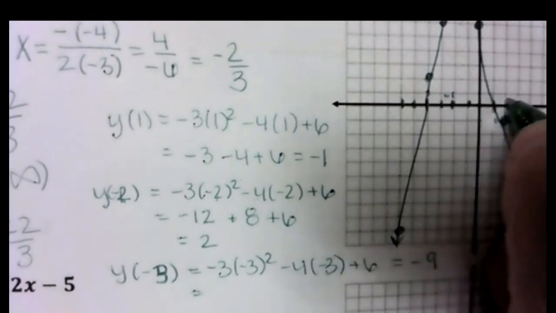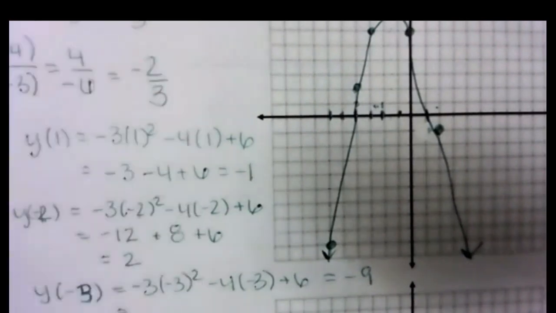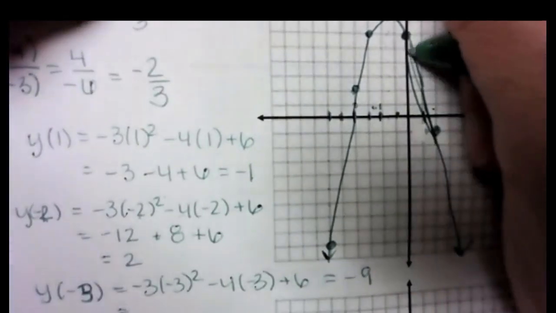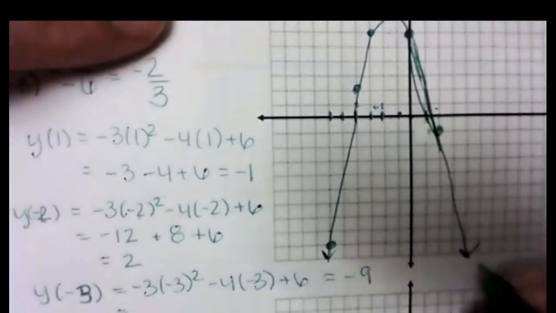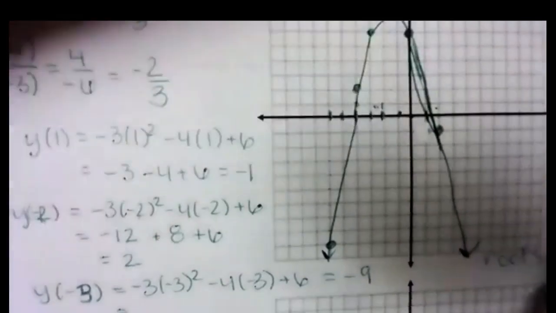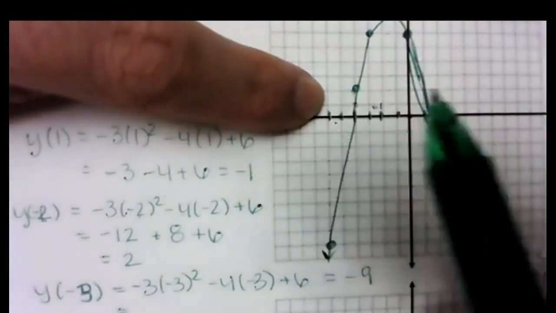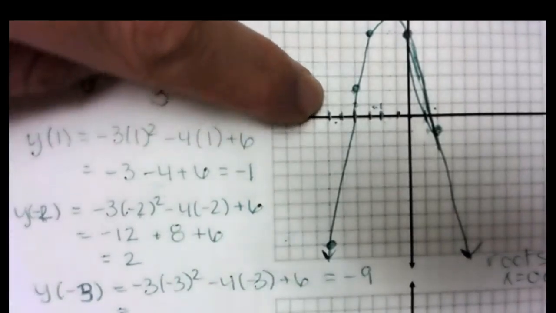So we can see that we have 2 roots, and that they're approximately between 0 and 1, as well as between negative 2 and negative 3, which I also got from that data there.